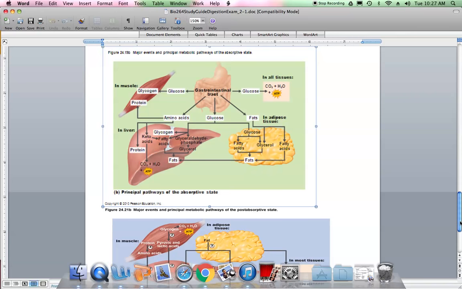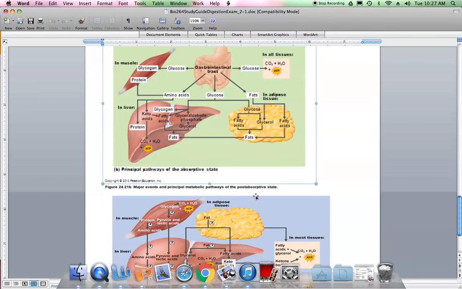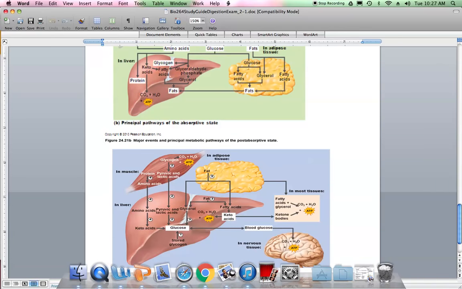And then the blue background one down here is post-absorptive. And keep in mind, this is also known as the fasting state. When you get up in the morning, you have break fast, or breakfast, because you are not eating all night while you're sleeping, theoretically. So right here you can see the blood glucose will be dropping, and when blood glucose drops, the body sends a signal to the pancreas to release glucagon.